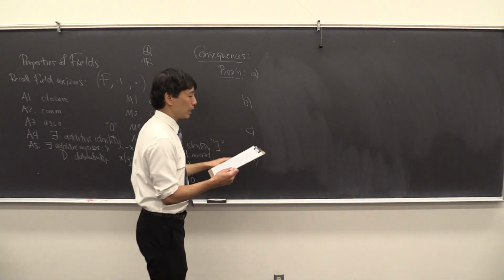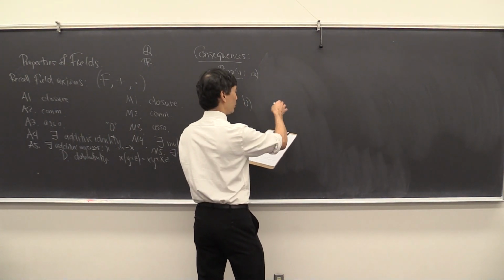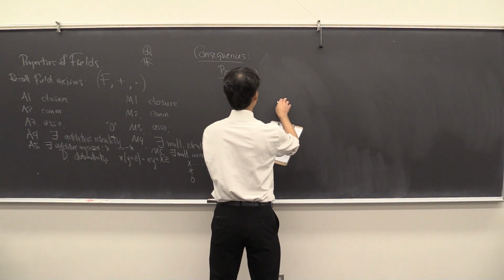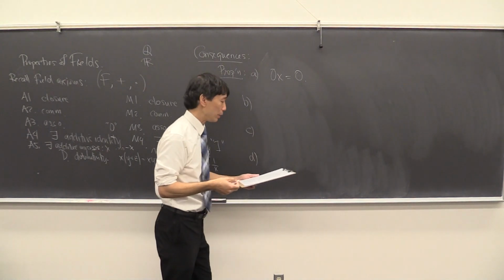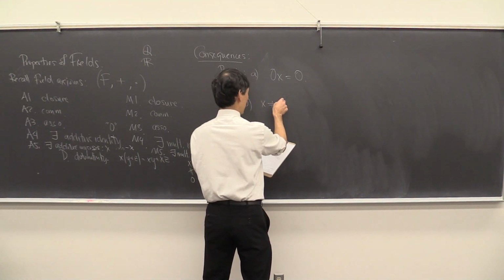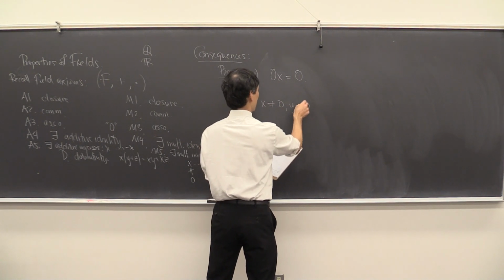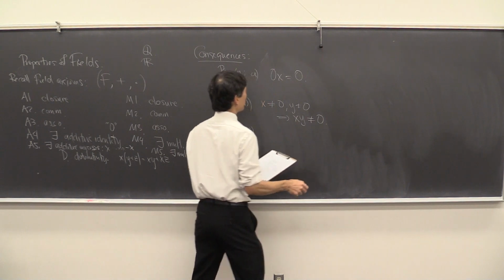Okay. So there's another proposition, this one dealing with sort of more multiplicative stuff. First one, that 0 times x is the 0 element. The second one, that if x is not equal 0 and y is not equal 0, then xy cannot be equal to 0, right?